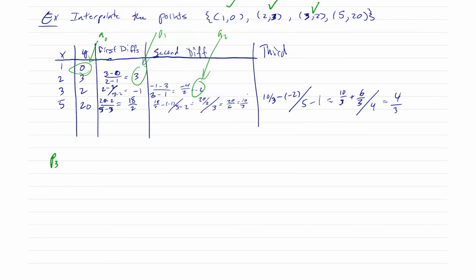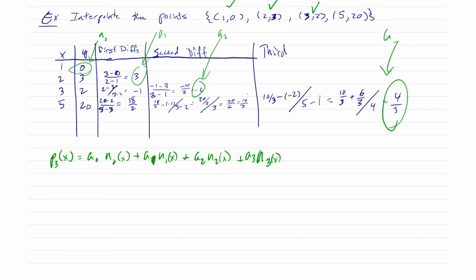So we're going to have P3 of x is equal to A0 times N0 of x plus A1 times N1 of x plus A2 times N2 of x and plus A3 times N3 of x. And here, we just found A3.